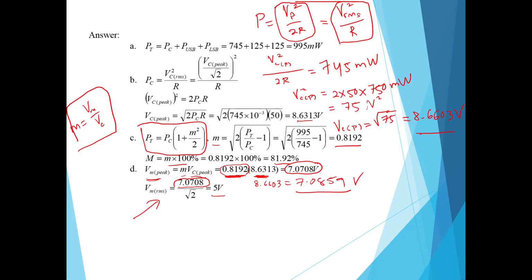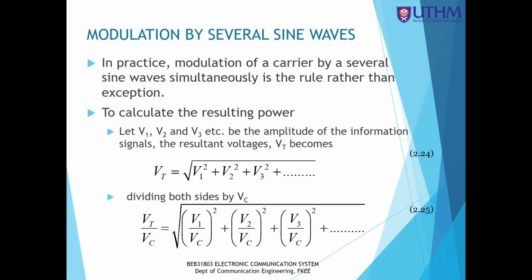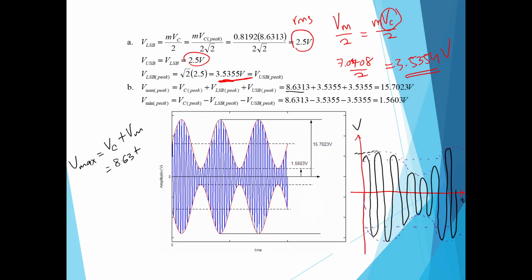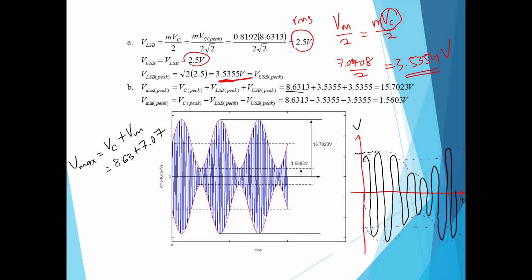Let's say we use the same value, 7.0808. So this is 8.63 plus 7.07.